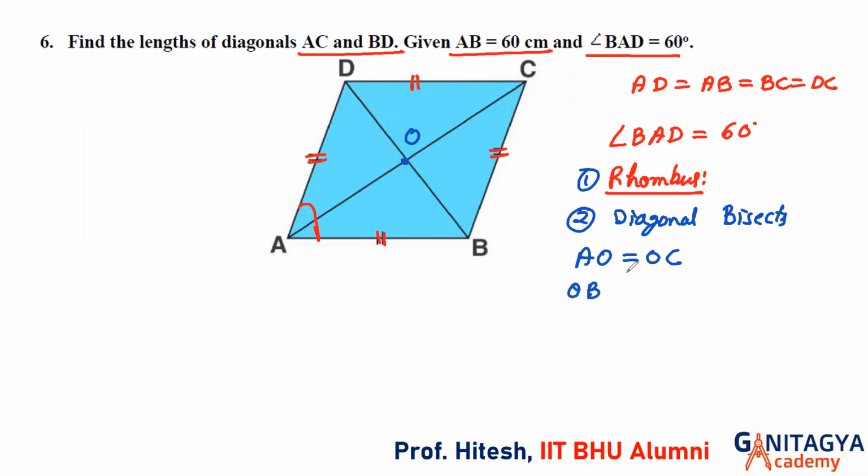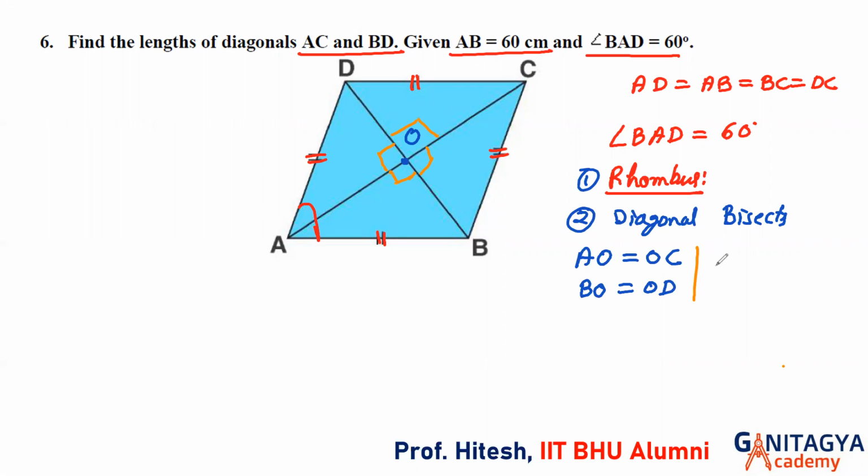OB means BO is equal to OD, right. These are bisect. Then diagonal bisects at the same time. How much is the angle between them? That will be 90. So this angle will be 90. Rhombus property. Understood?